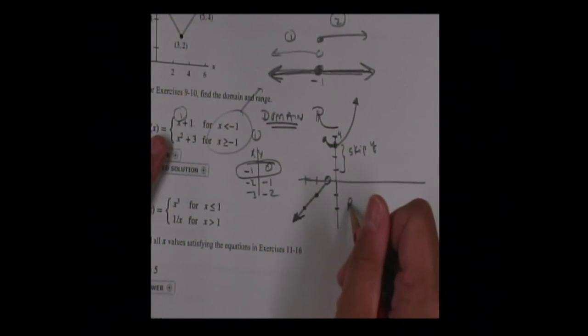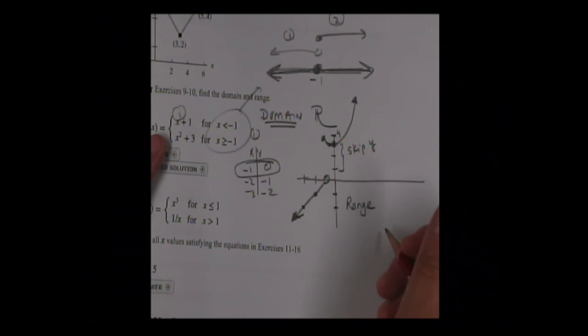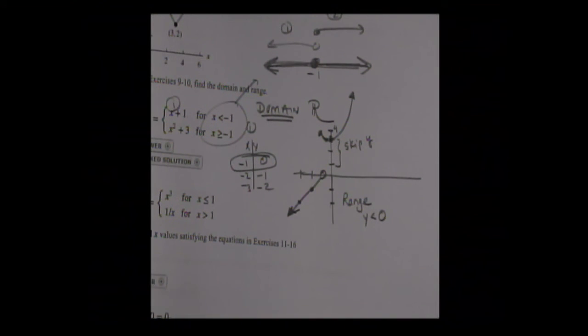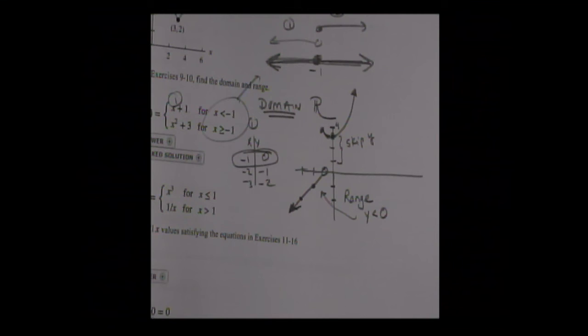So if I were to do the range, I actually have to write the range in two pieces. This first piece, if I looked at the y's, it's the y's that are less than 0. Remember, I put that open circle, so it's less than 0. Those are all the ones below the x-axis.